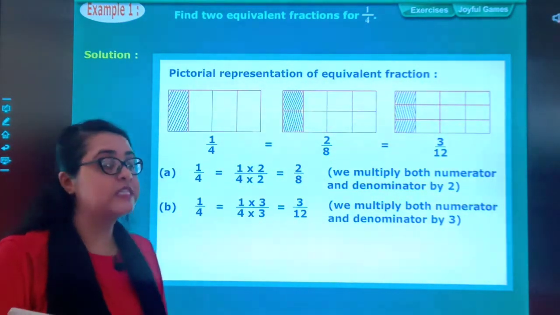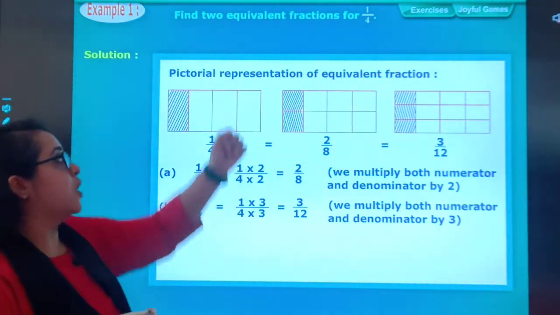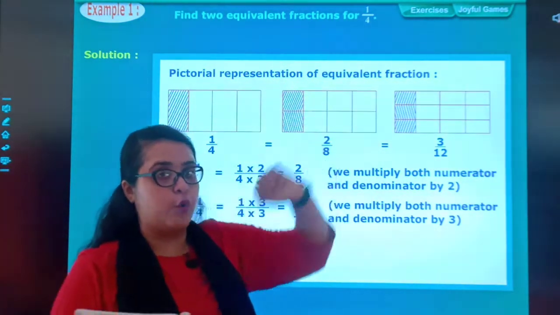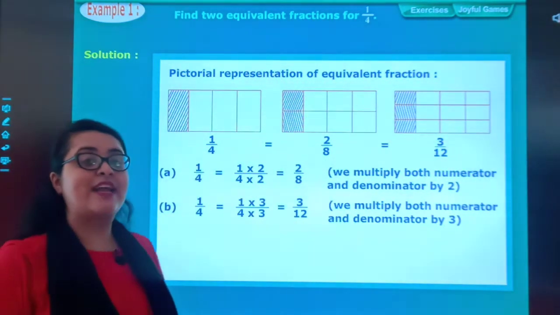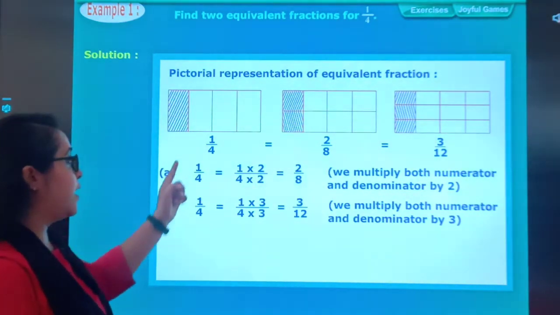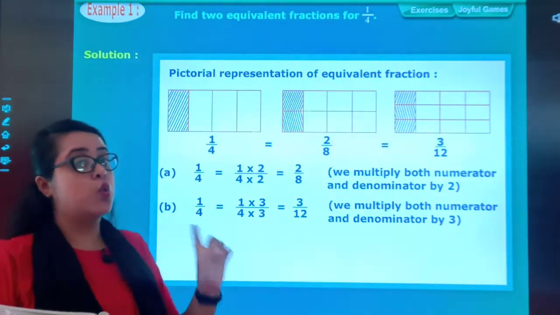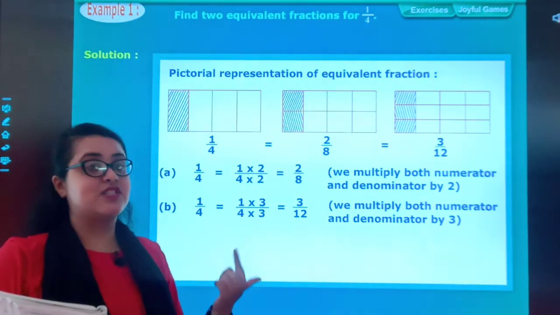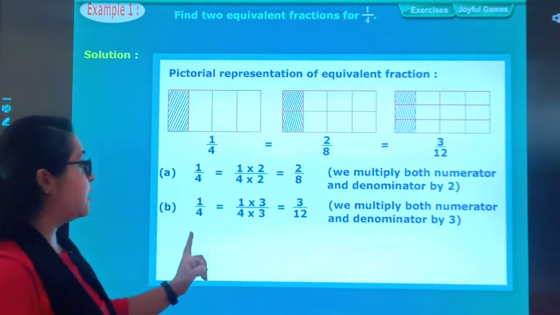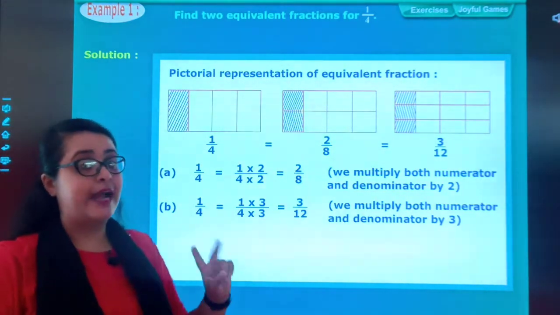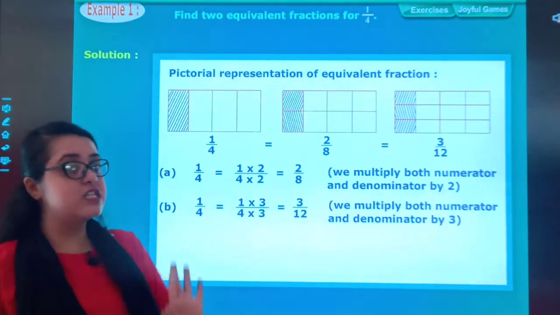Remember the statement that is applied here. See, the question was 1/4. Then what did ma'am do to find the equivalent fractions? 1/4 equals, मैम ने 2 से मल्टीप्लाई किया, 2 से दोनों जगह न्यूमरेटर as well as denominator. Then मैम multiplied with 3 on both sides, numerator and denominator.